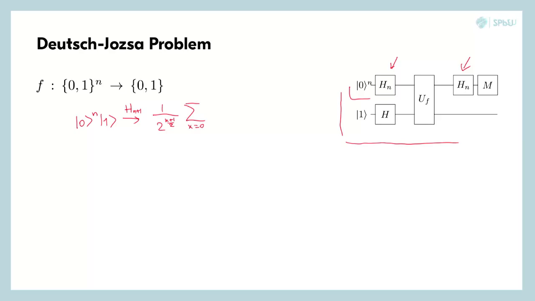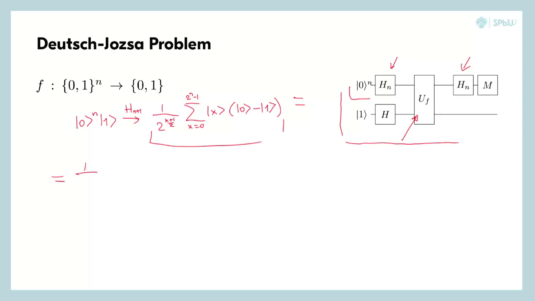And we do. The sum over x from 0 to n minus 1, x, and 1 transforms to this. Okay, now it's time to apply our quantum oracle, and on states like this, you remember how it acts on the states with Hadamard minus in the last qubit.